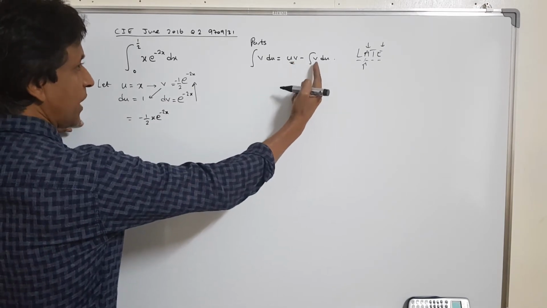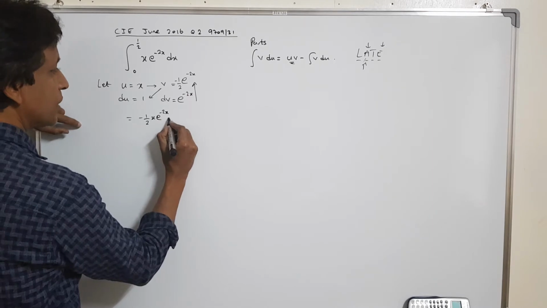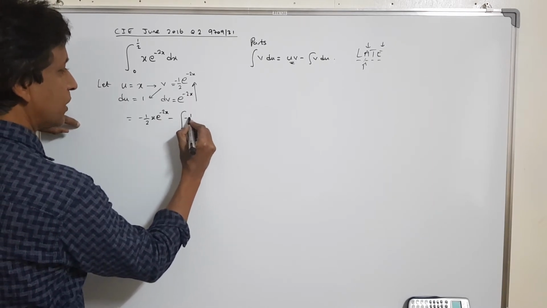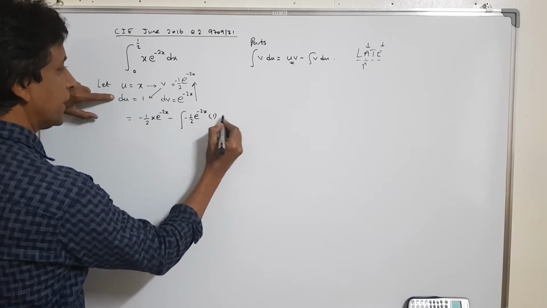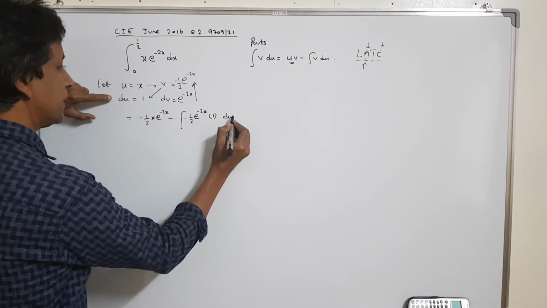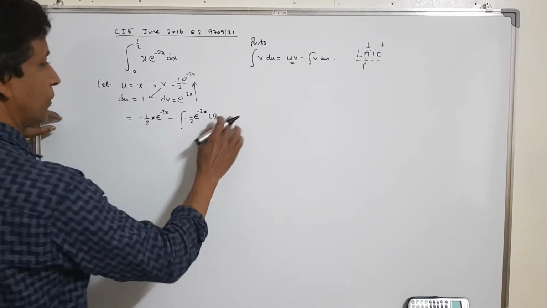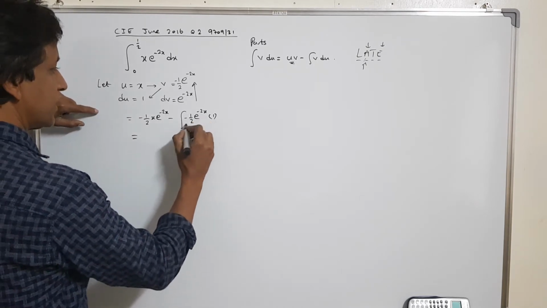Then v du. So uv minus integral of v du. So v is minus half. We're going to minus, in brackets, minus half e to the minus 2x times du, which is 1. Okay, and there we go. So this is in terms of x.